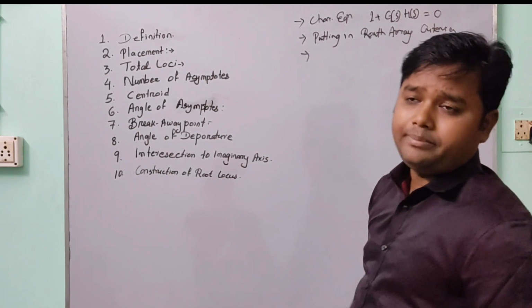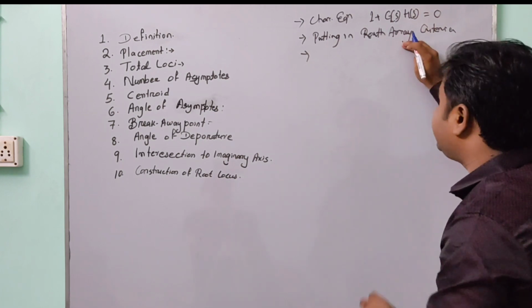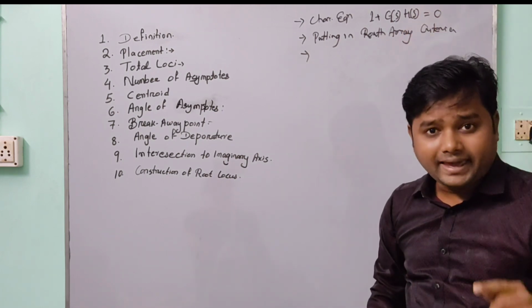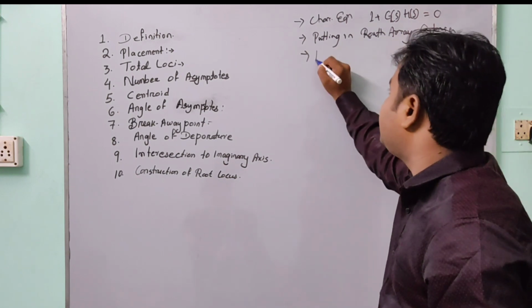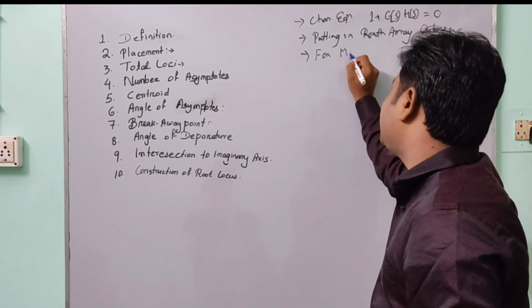The third step is, from this Routh array criterion, to find the value of K for which the system is marginally stable.